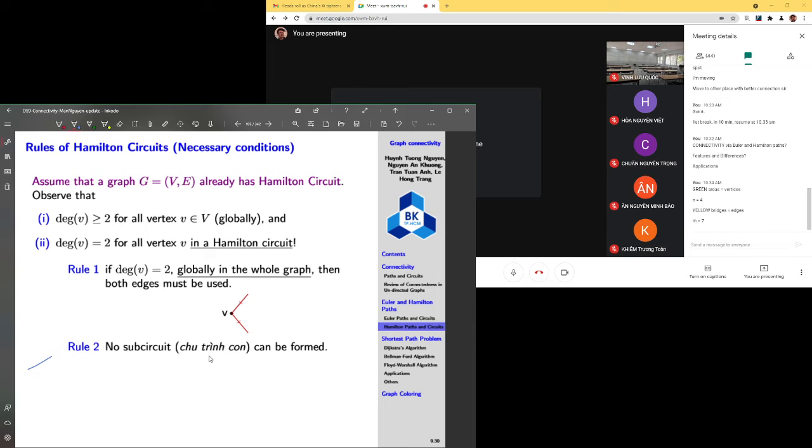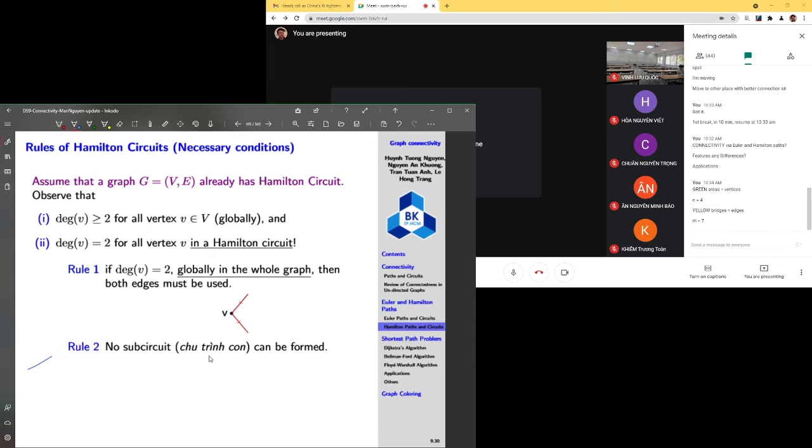So let's see some illustration for this. No, not yet. So the third rule says that if 2 connections at a specific vertex are already determined, like this one, then you don't use the other ones. Therefore, the other edges incident to V, meaning connected to V, can now be removed.